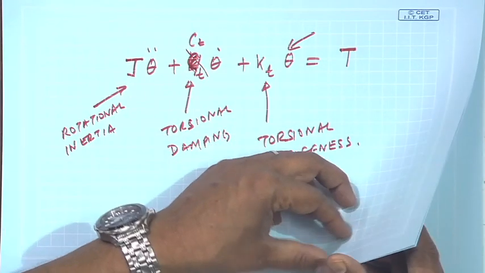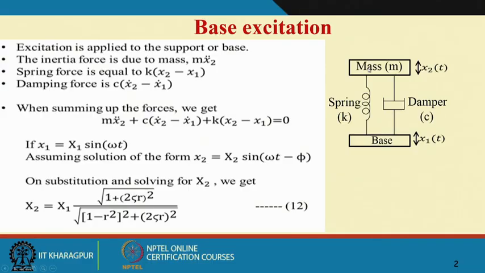And now, here we will introduce you to two other concepts. One is base excitation. Suppose I have a body of mass m supported on stiffness k and damper c, and it is subject to the motion x_1 at the base.